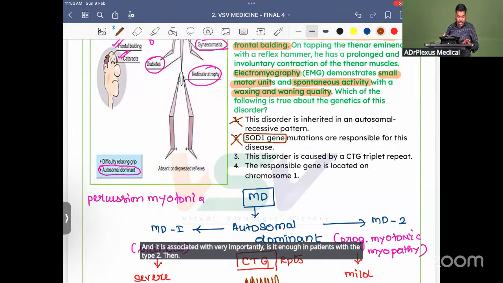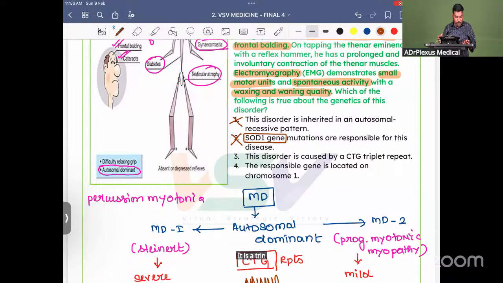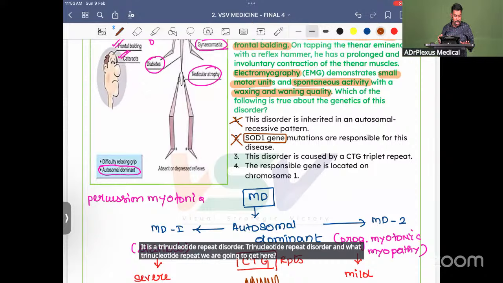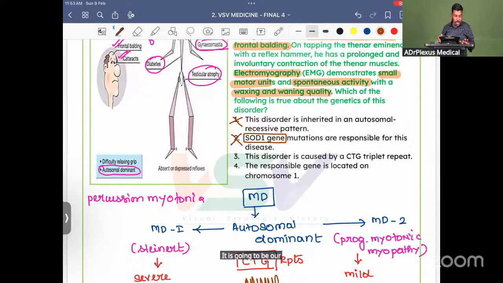Then it is a trinucleotide repeat disorder, and the trinucleotide repeat here is very importantly CTG repeats. Can you tell me what the GAA repeats are?